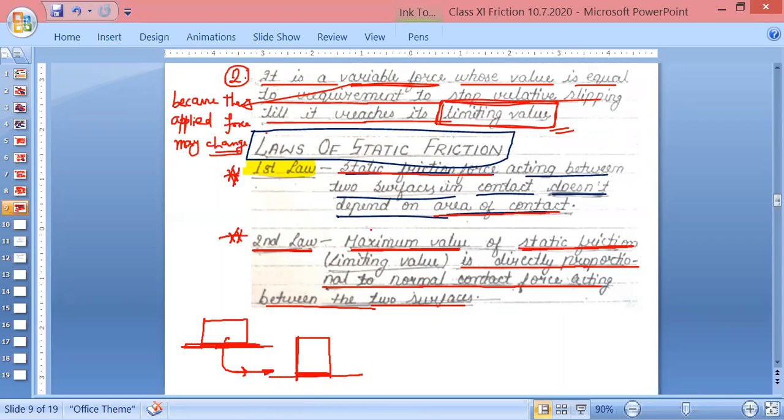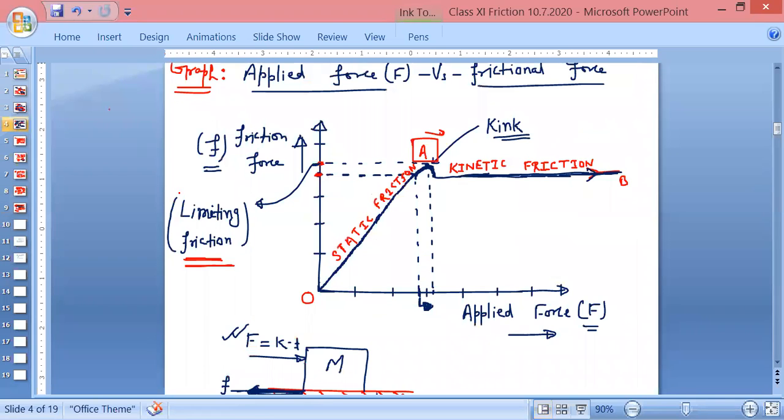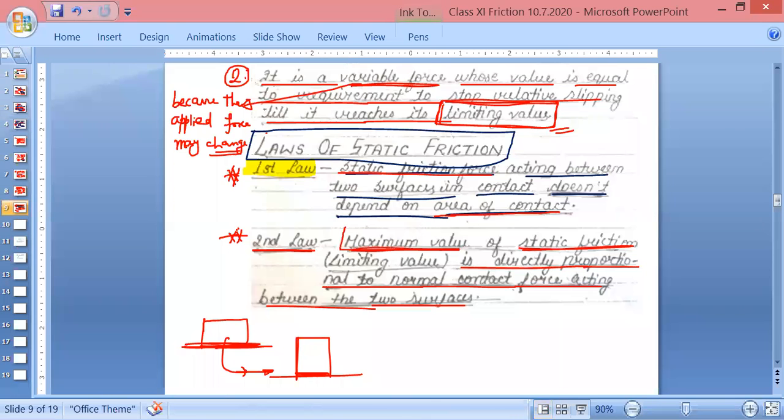The maximum value of static friction is limiting friction. Limiting friction is a friction where the block has not moved, but it is about to move. So the limiting friction is directly proportional to the normal contact force acting between the two surfaces.